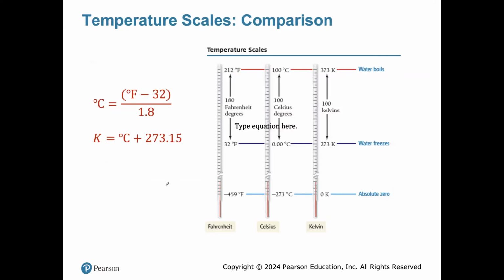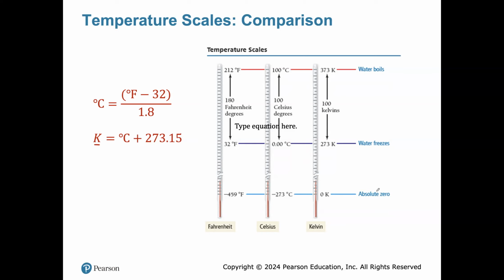So now let's have a look at temperature. In daily life, when we measure temperature, we use Fahrenheit, right? In some countries we use Celsius. There is a conversion factor between Celsius and Fahrenheit. Based on the previous discussion, we've learned that the base unit for temperature in the International System of Units is Kelvin.